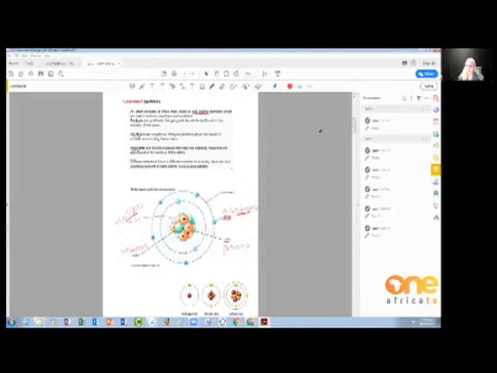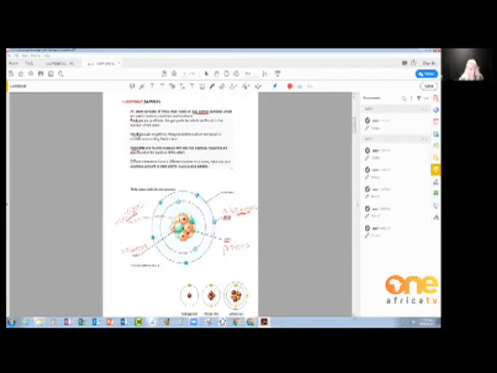Now, an important aspect, before we change this page, is that different elements from the periodic table have different numbers of electrons and protons. And how many protons an element has defines what element we are talking about.